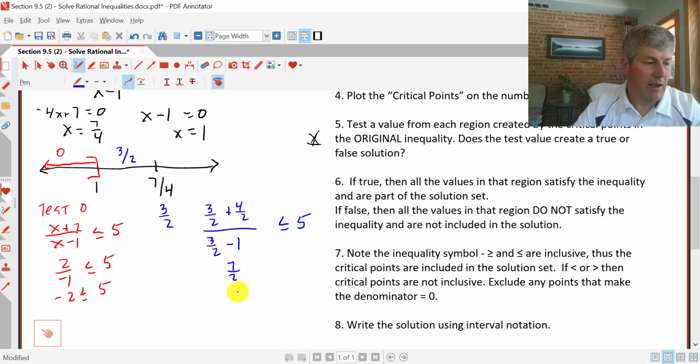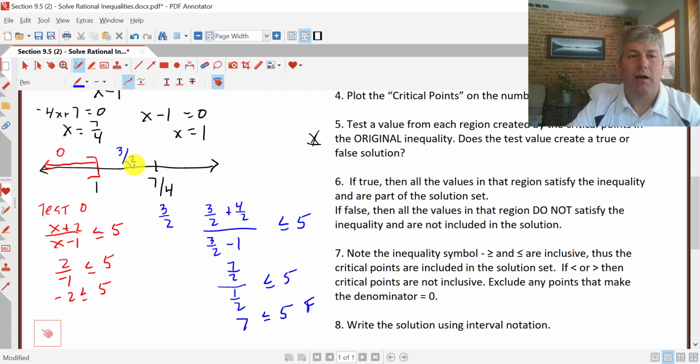That's 7/2 all over 1/2 is less than or equal to 5. So I get 7 is less than or equal to 5. Well, that is a false statement, so I'm not going to graph anything in that particular region.